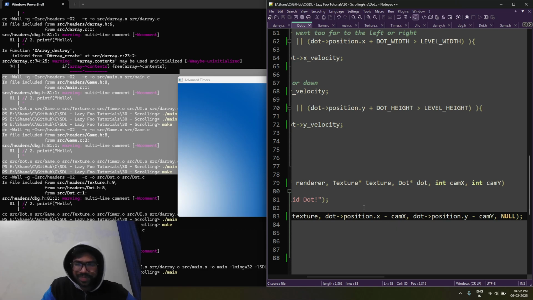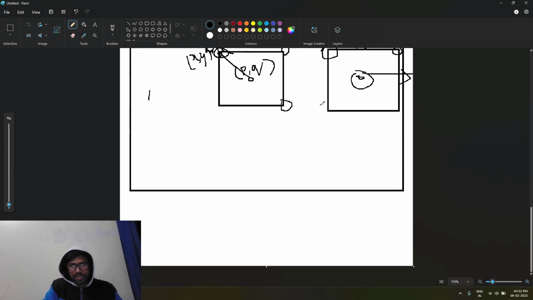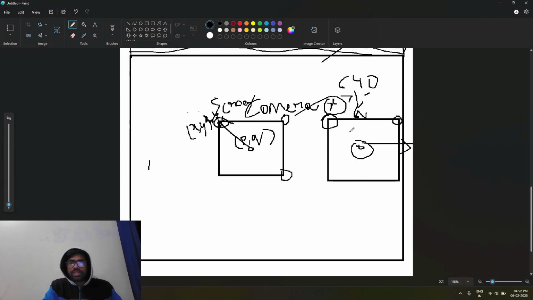Okay, the rendering is only taking place relative to this. These are my zero. This is my 0, 0 for the dot. That's why it is relative to this.